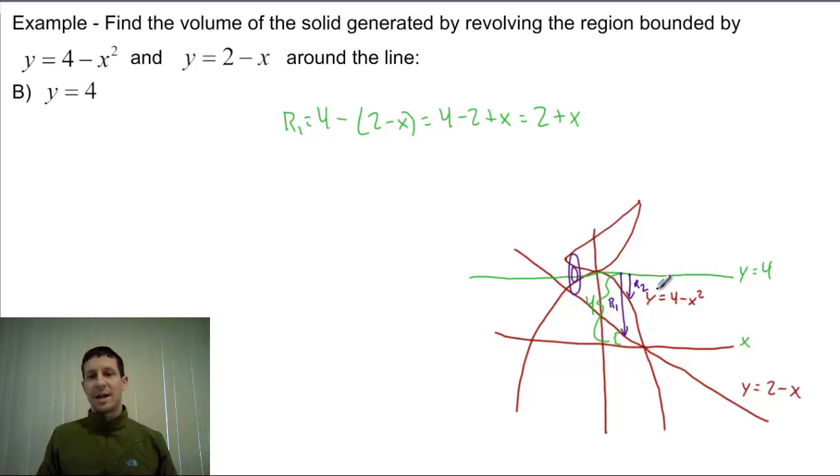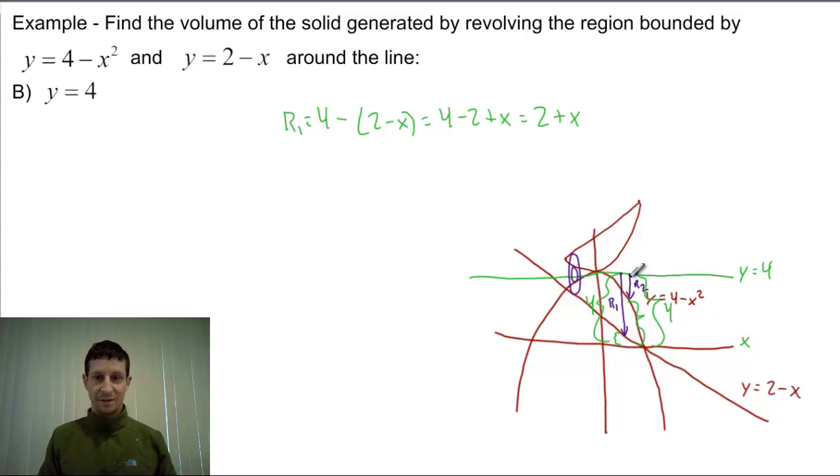And something very similar happens for r sub 2. We want to measure things from the x-axis. So right here, that goes from the x-axis till we hit the parabola. So this part would be the equation of the parabola, 4 minus x squared. We'll use this 4 that we had before. So again, we know this full amount is 4.